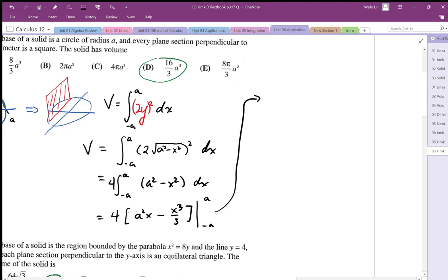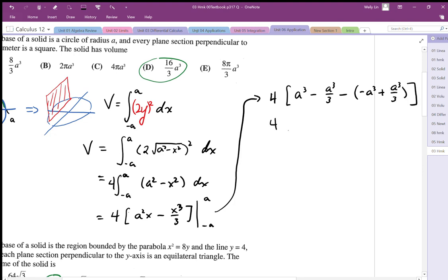Working that out, this becomes a cubed minus a cubed over 3, minus negative a cubed, minus negative, so plus, a cubed over 3.